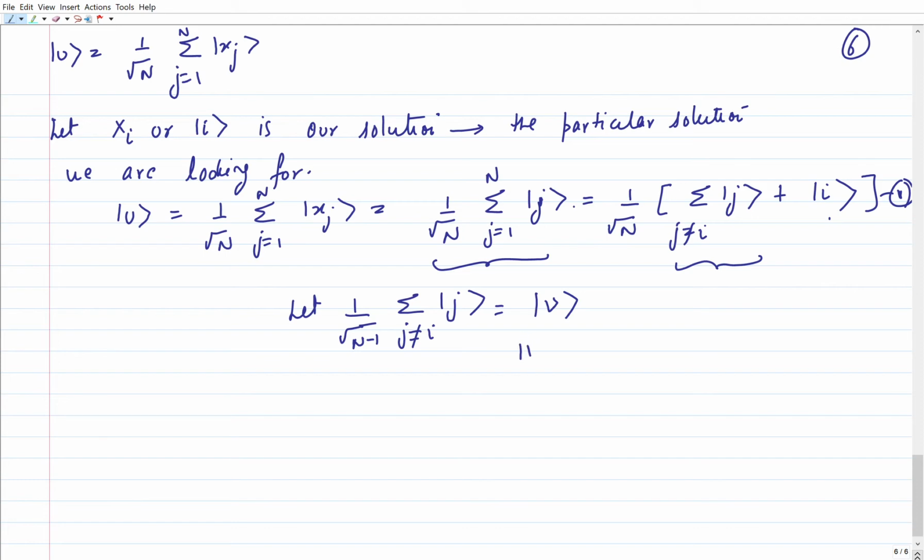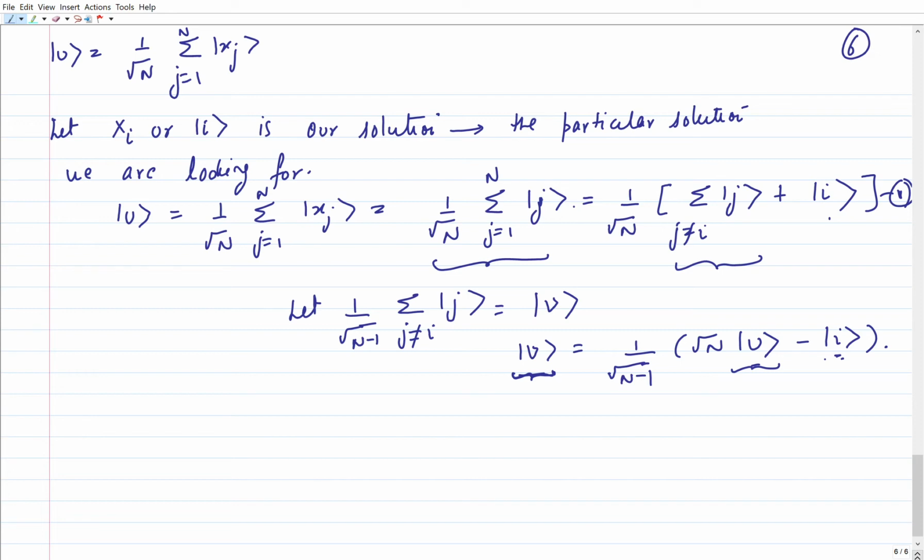In other words, v is just this thing. You just do the algebra. V is related to u and I, the solution. This was all the superpositions, this was the solution, this was everything but the solution.